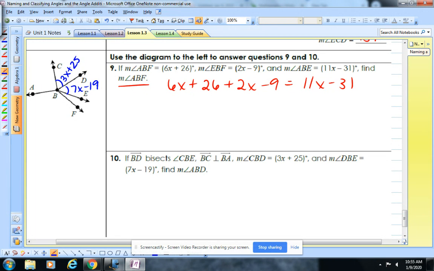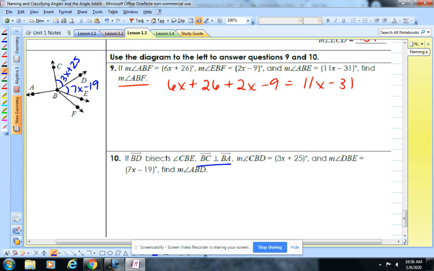Find the measure of ABD. ABD? How am I going to do that? Oh, I skipped something, didn't I? Segment BC is what? What's that symbol mean? Perpendicular to BA. Those are rays, aren't they?